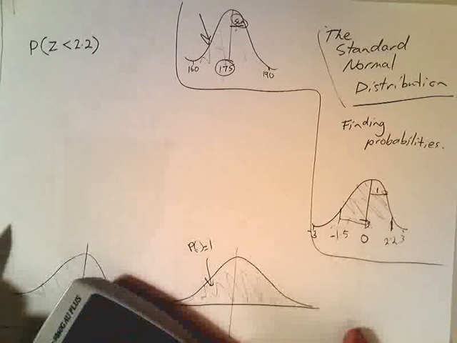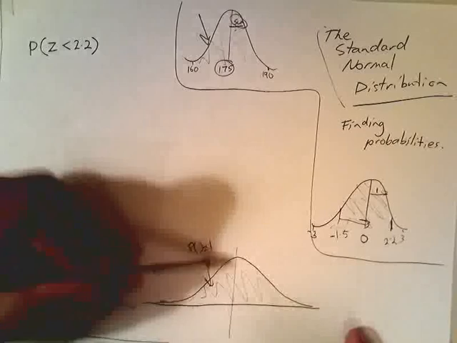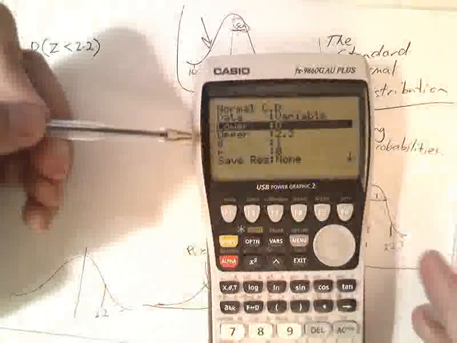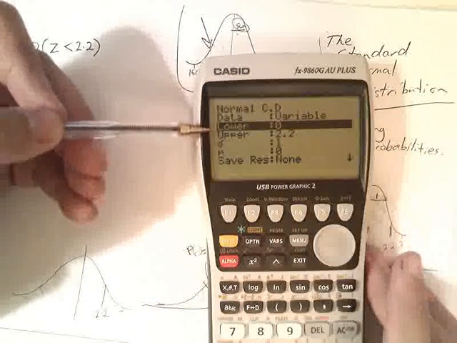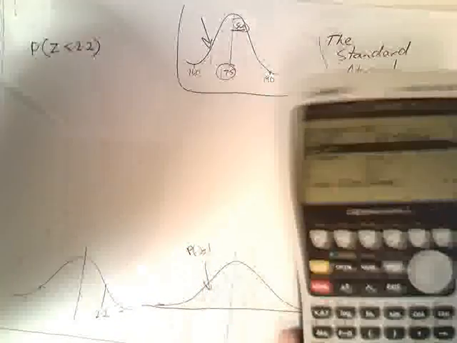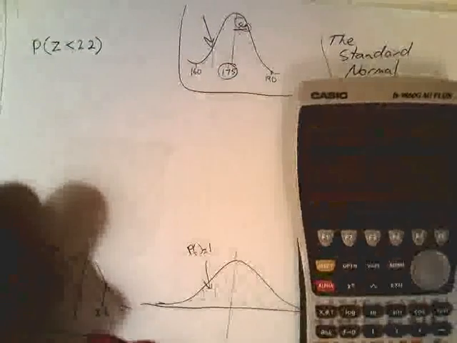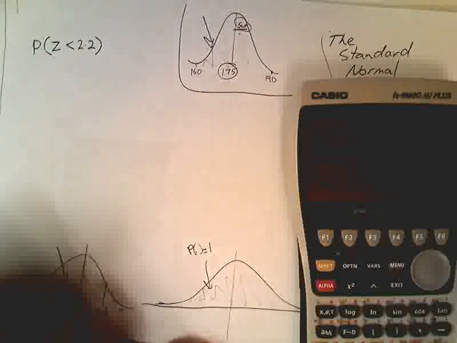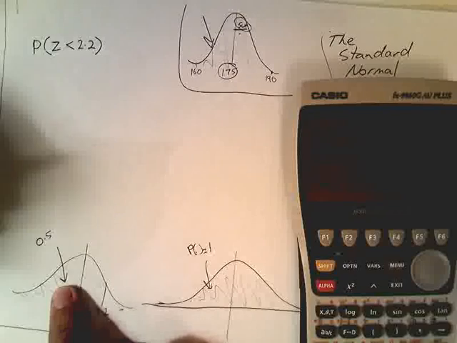Would we put in -100? What we know is that this limit goes on forever, so no lower bound on my calculator is going to be sufficient to do this in a mathematically correct way. What I can say, however, is that the area under this bit here is equal to 0.5.